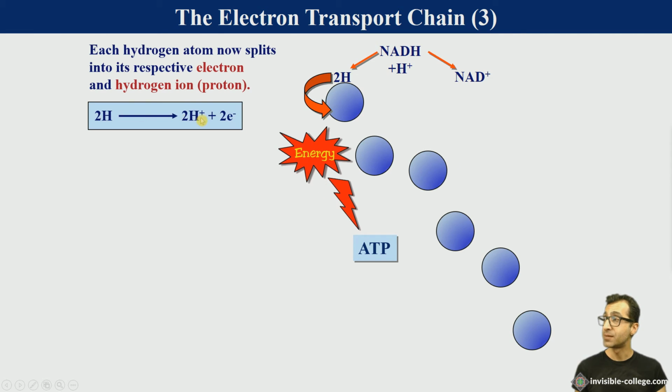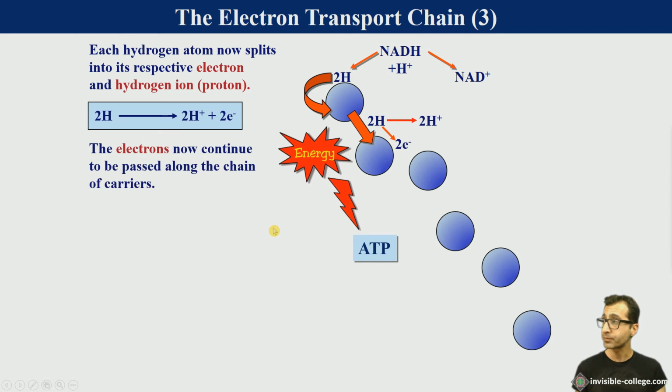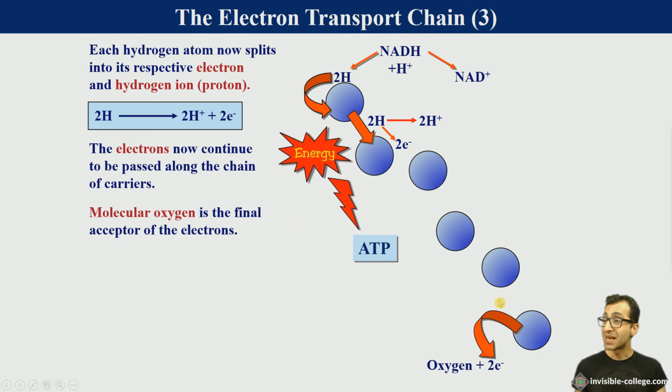This is indicated by this equation here. So the two hydrogen atoms split into 2 protons and 2 electrons. The electrons then continue to be passed down the chain of carriers like this, whereas molecular oxygen becomes the final electron acceptor.